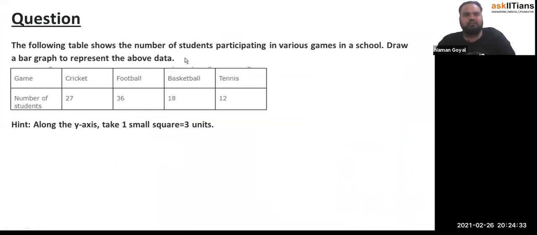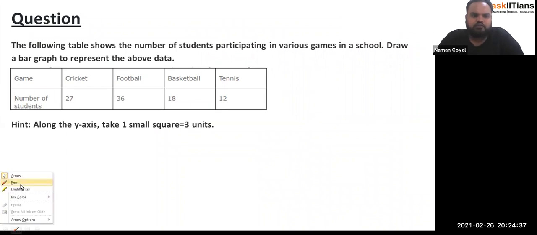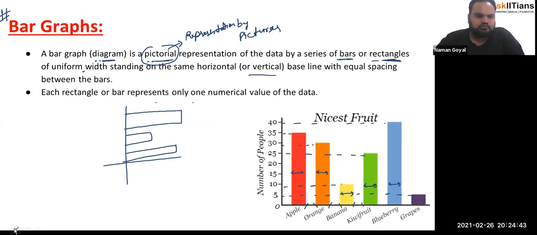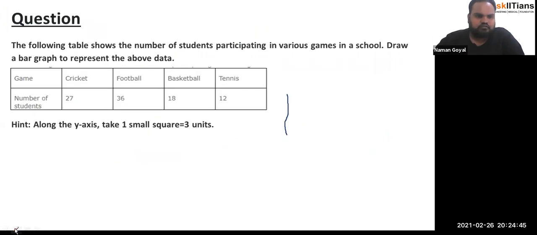Now next, we have to draw the bar graph of this particular question. So first of all, we have to draw the x-axis and y-axis, right? First of all, I have to erase this. Yes, next. Pen. So first of all, we draw the x-axis and y-axis.